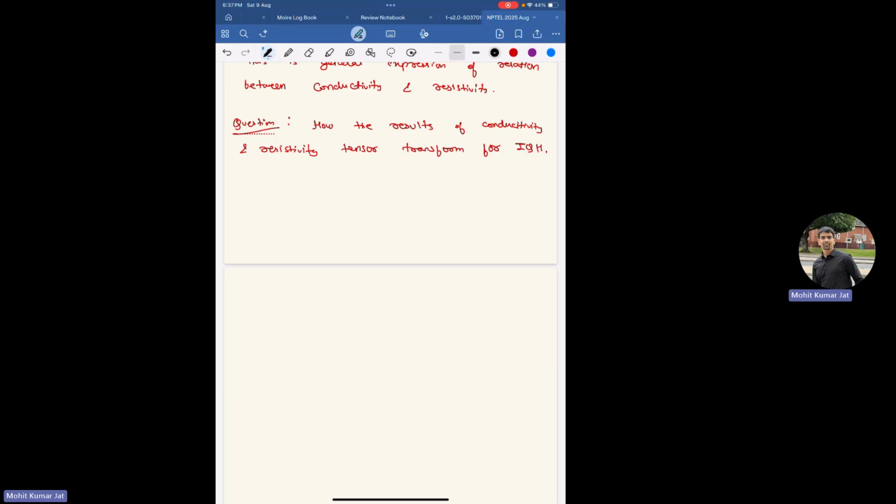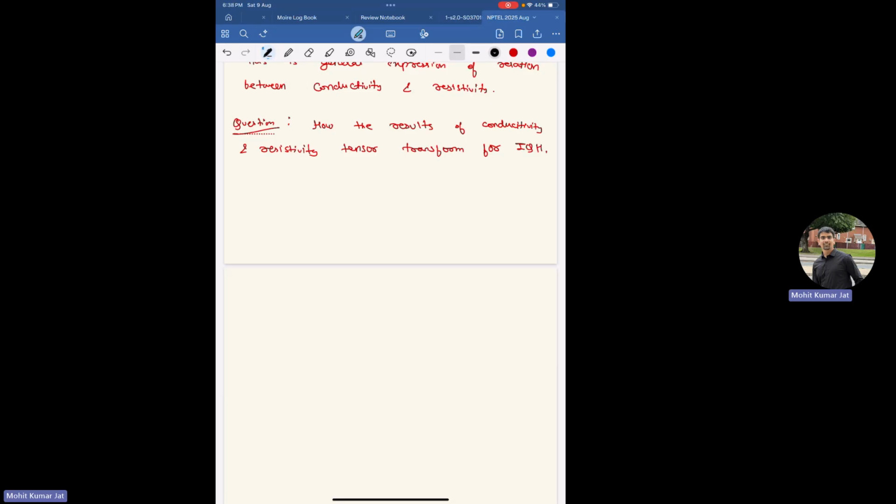Okay. So I will be explaining a baby version of it, not from the Kubo formula, but a baby version, which will help you get the conductance in the case of edge modes.